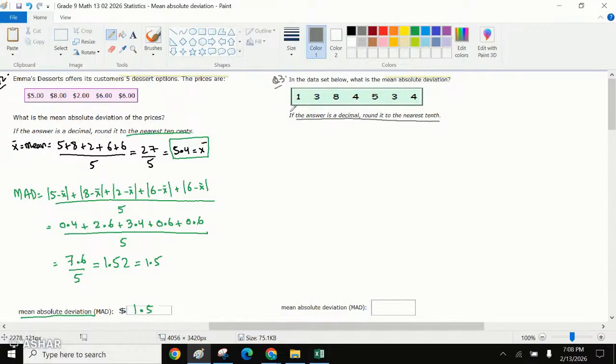So in order to find the mean, we can say mean equals 1 plus 3 plus 8 plus 4 plus 5 plus 3 plus 4, divided by how many numbers there are. 1, 2, 3, 4, 5, 6, 7 numbers. 1 plus 3 is 4, 4 plus 8 is 12, 12 plus 4 is 16, 16 plus 5 is 21, 21 plus 3 is 24, and 28.